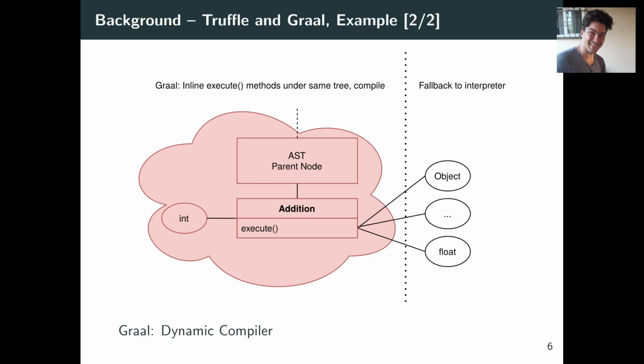We assume that, for instance, in this chunk of AST, the addition is only performed with integer types. If these assumptions no longer hold, Graal can deoptimize and fall back to the Truffle AST to gather new profiling feedback. One of the key takeaways is that in this inline scope, we no longer have to type check for every single operation, because we assume that, for instance, it is only performed on integer types.